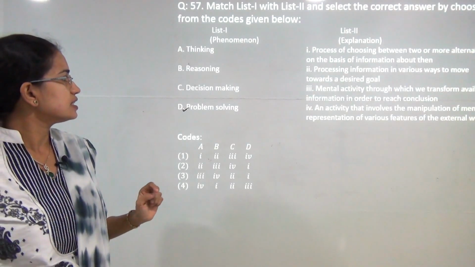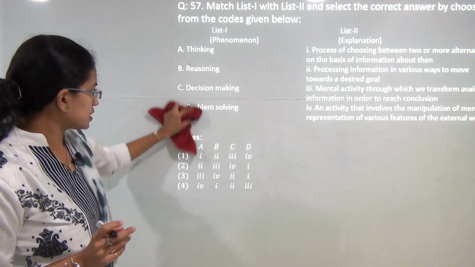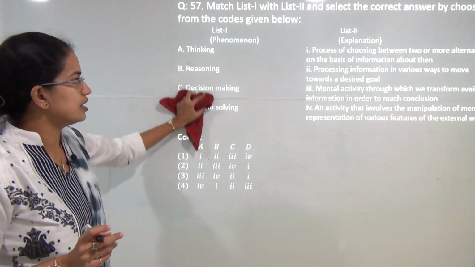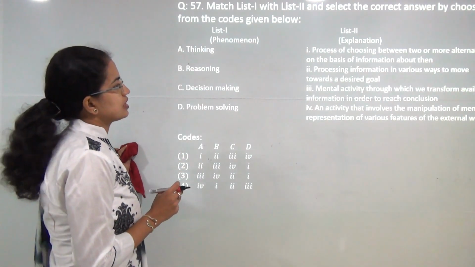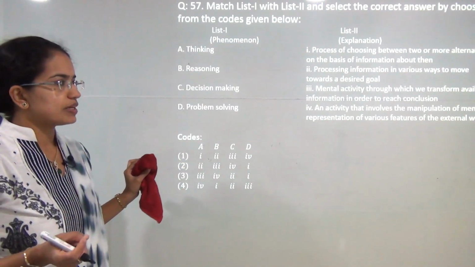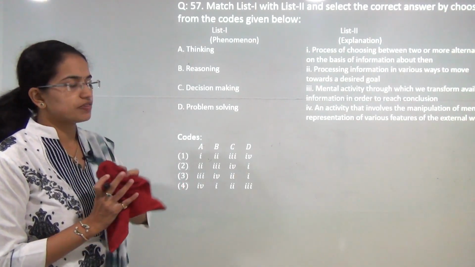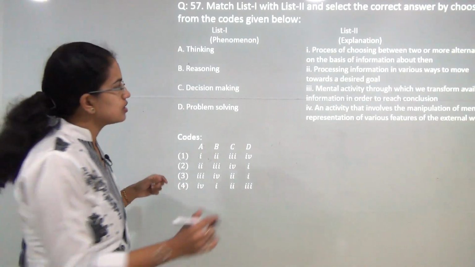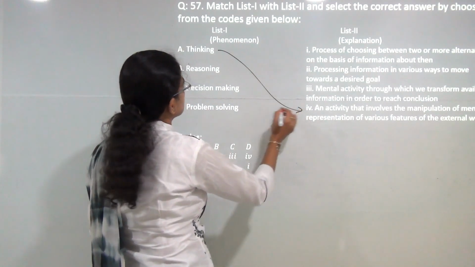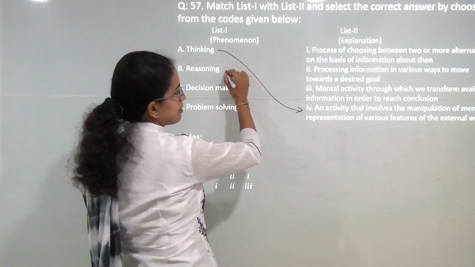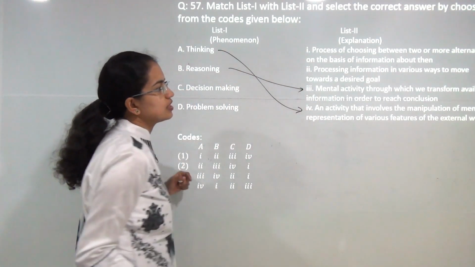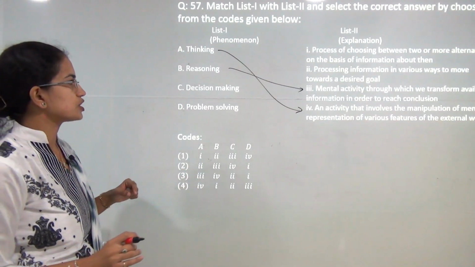Now next, in this question, none of the codes are correct. So the correct matches would be: thinking is an activity that involves manipulation of mental representations of various factors of the internal world. Then reasoning is a mental ability by which we can transform information to reach a specific conclusion.